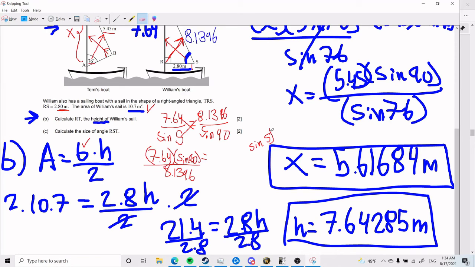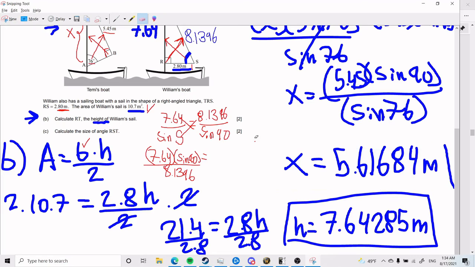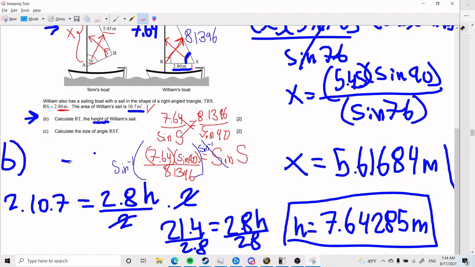And what you do from this position on forward is that you need to get S alone, but since S is next to the sine, you actually need to apply this thing called sine inverse. And sine inverse gets rid of the sine. And if I have sine inverse on the other side, it's going to look like this. We do sine inverse to the whole thing.